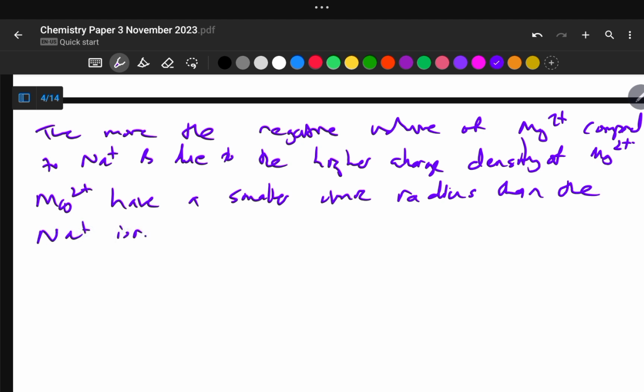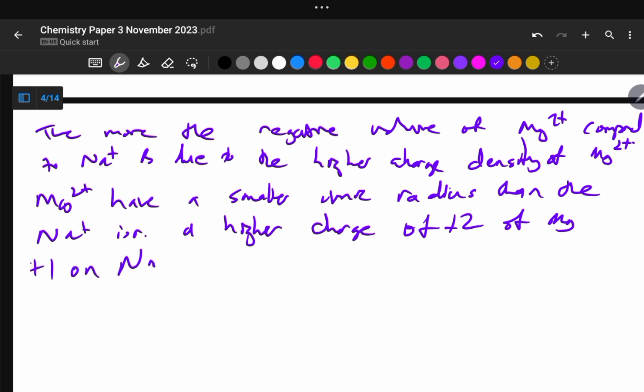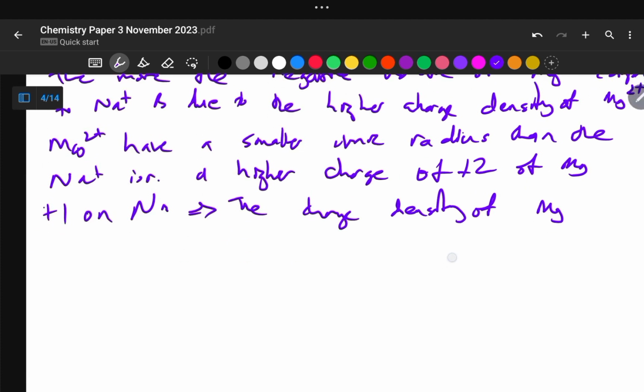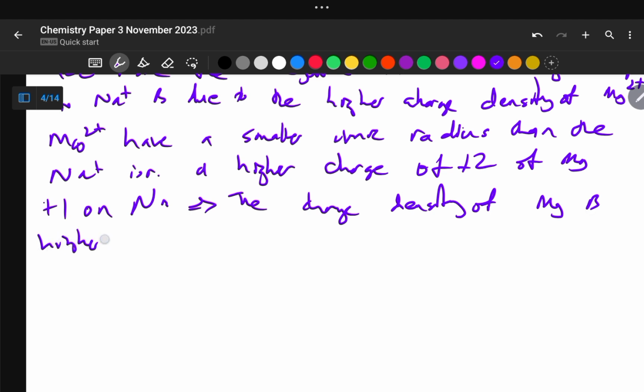So the ionic radius of magnesium is smaller than that of sodium, and we also have a higher charge of +2 on magnesium, and +1 on sodium. So the charge density of magnesium is higher than sodium ion.